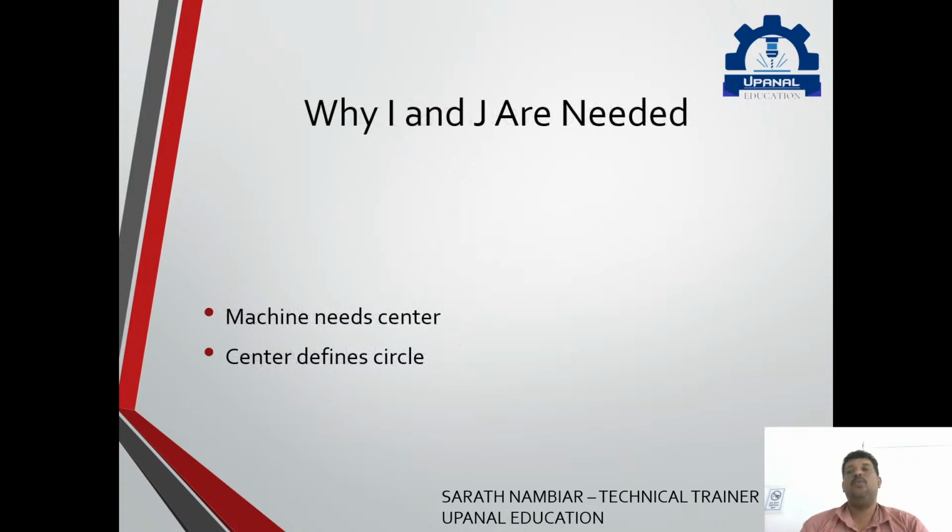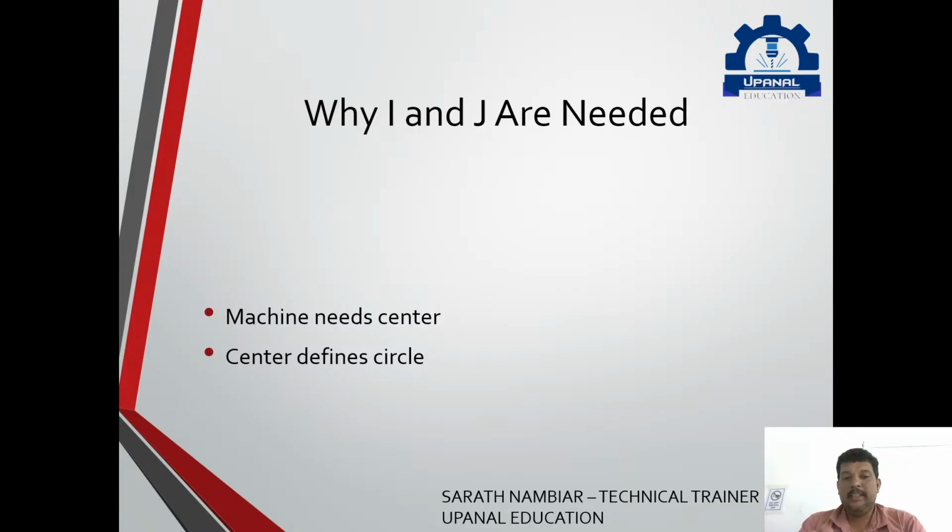Next, along with G02 and G03, we always need I and J. What are I and J? I and J are the distances from the x-axis and the y-axis. Why are they needed? Because the machine needs a center.